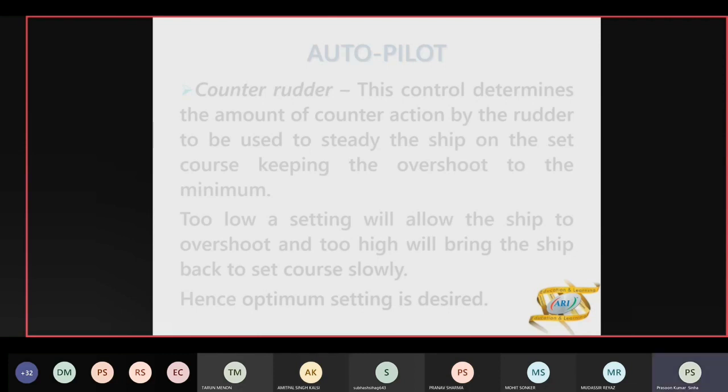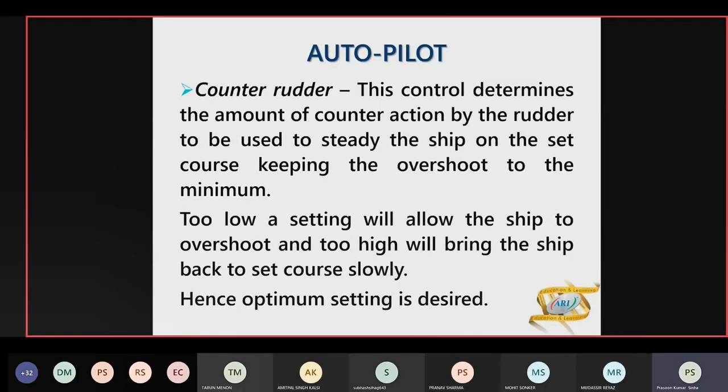अब काउंटर रडर में आप हार्ड पोर्ट हार्ड स्टारबोर्ड तो नहीं करते नॉर्मली, वैसे करते भी हैं डिपेंडिंग ऑन द सिचुएशन. कन्फाइंड वाटर्स में ज्यादा पड़ सकता है जरूरत, बट नॉर्मली ऑटो पायलट हम खुले स्पेस में यूज करते हैं, खुले एरिया में. So we can provide the limit for the counter rudder.